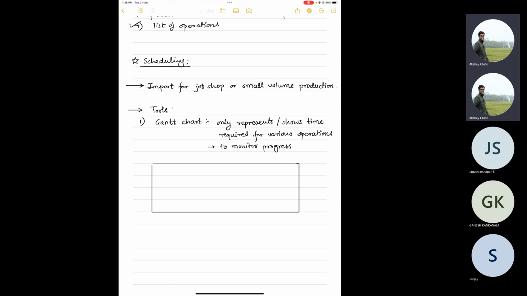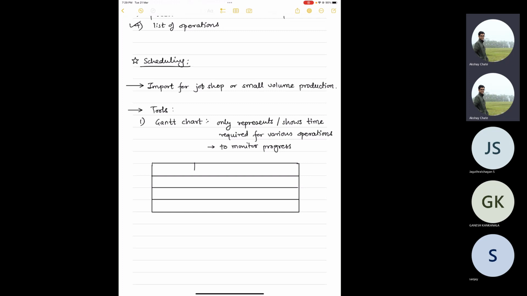Yeah, so as I told you, in the rows you'll have different activities or different machines that are used in a sequence for producing that respective product.